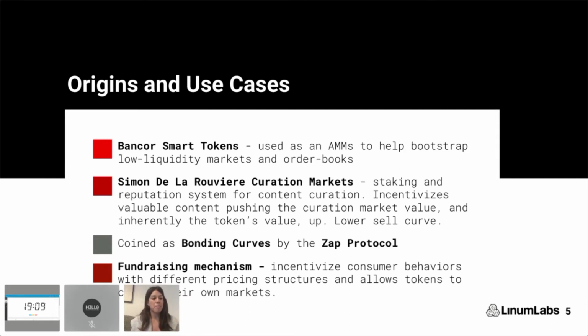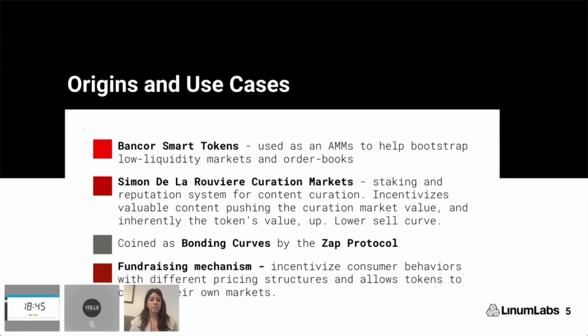And it makes it financially incentivized for the token holders to only allow and vote up positive content, because when they bring in higher quality content to their market, the value of their token is likely to go up. In those circles, the sell curve is a little bit lower than the buy curve to incentivize users to hold on to it a little bit longer.